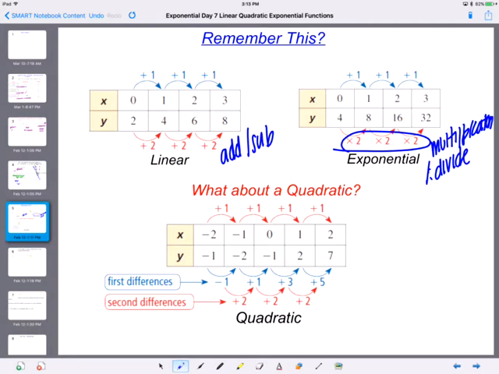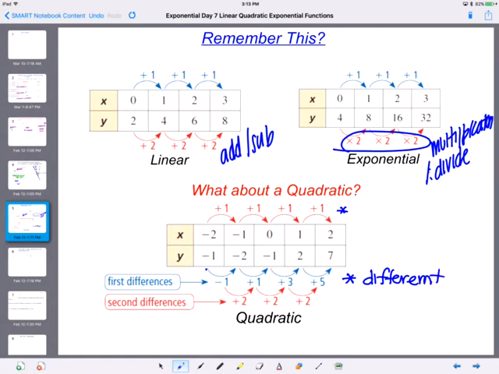A quadratic function, we want to take note, if our x's are increasing by 1, then when we do our first difference, we find how negative 1 changes to negative 2, we have negative 1, then we have plus 1, then negative 1 to 2 is plus 3, then we have plus 5. So you can see your first difference is different, but you want to try it one more time.